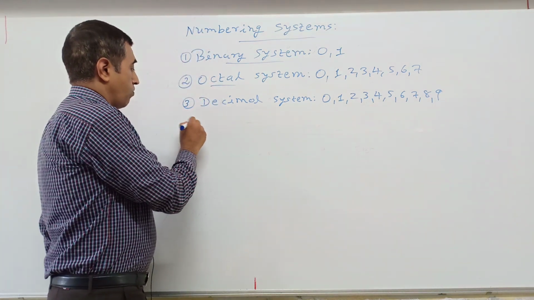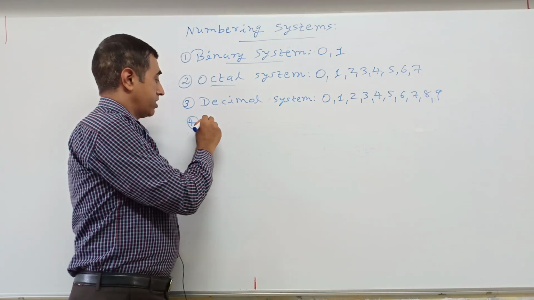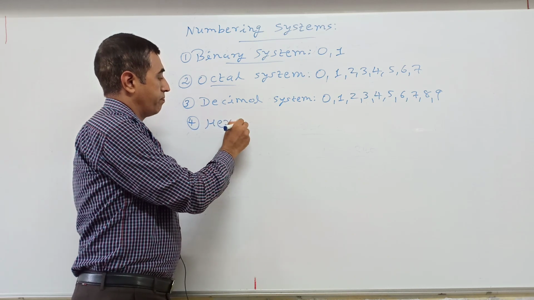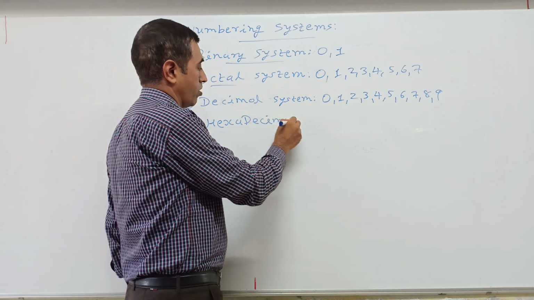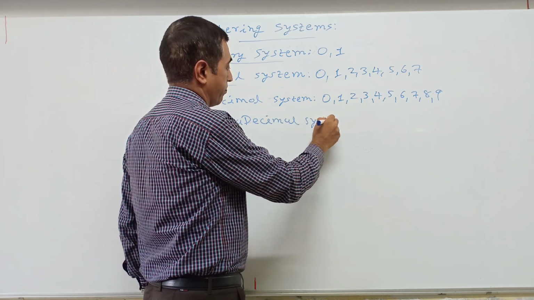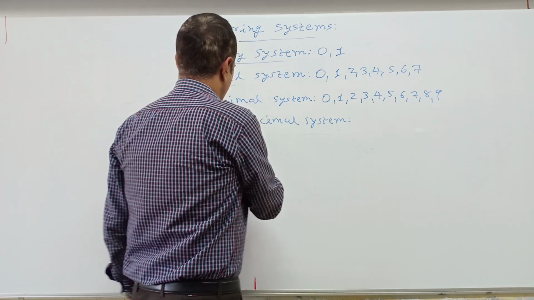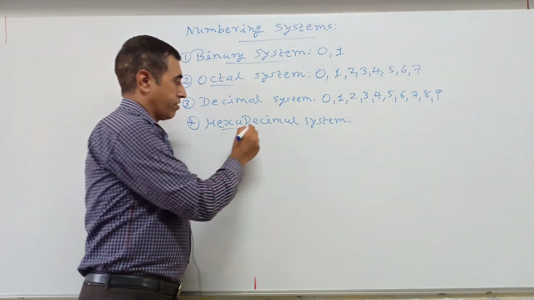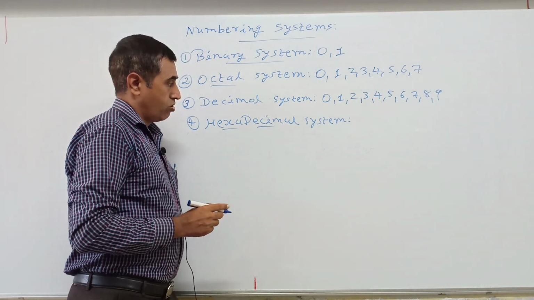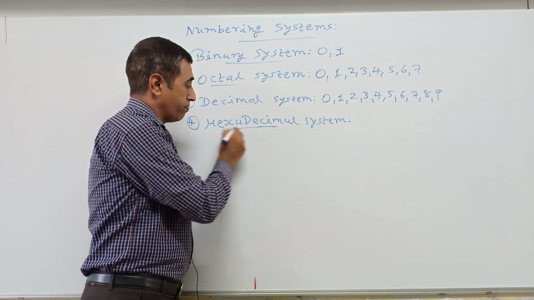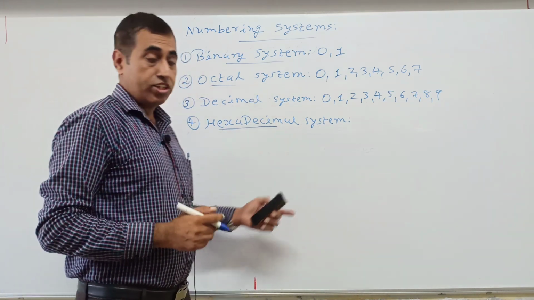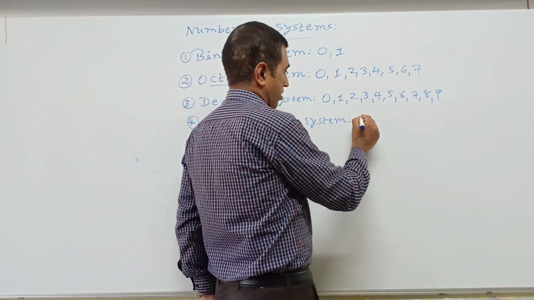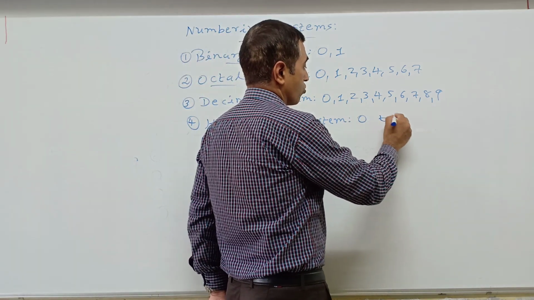Whereas the fourth numbering system is known as hexadecimal numbering system. Hexa means 6, decimal means 10. So in this numbering system, there are total 16 individual digits available, starting from 0 to 9.